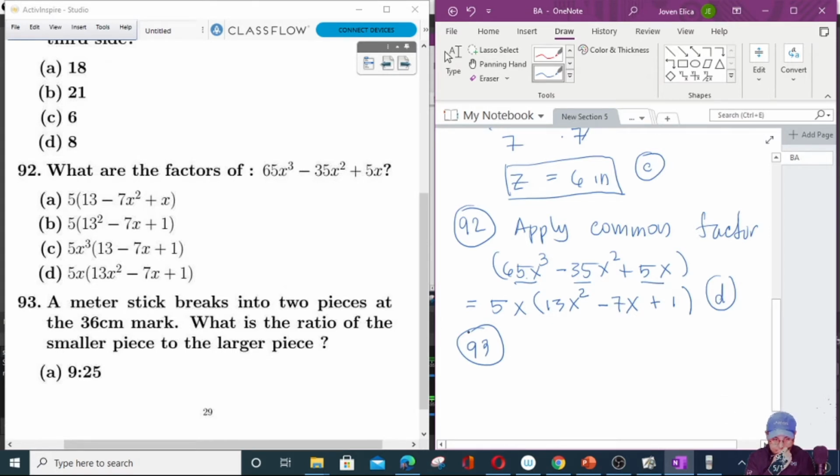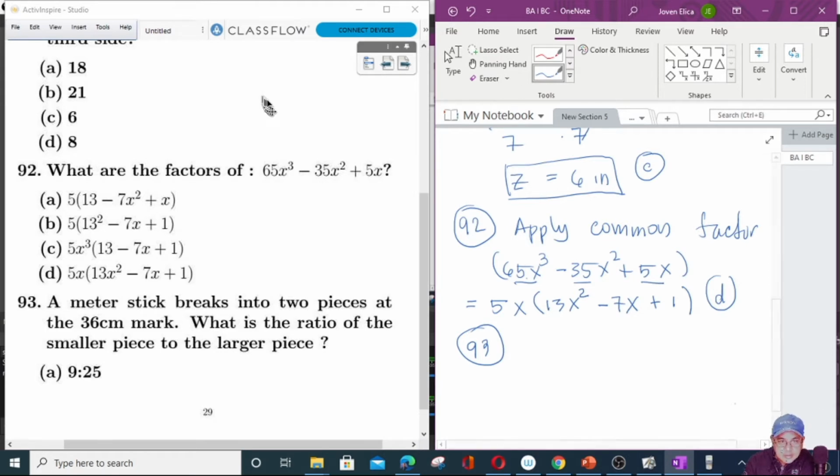Number 93, a meter stick breaks into 2 pieces at the 36 centimeter mark. What is the ratio of the smaller piece to the larger piece?